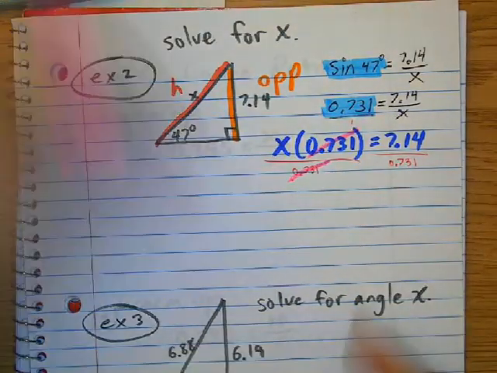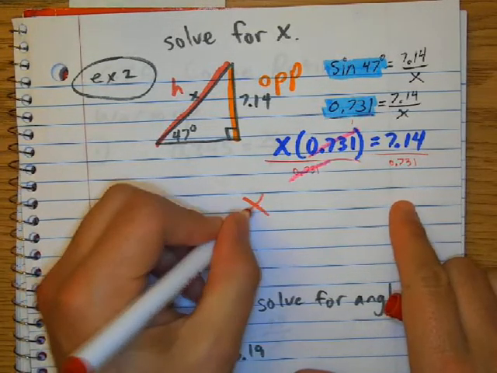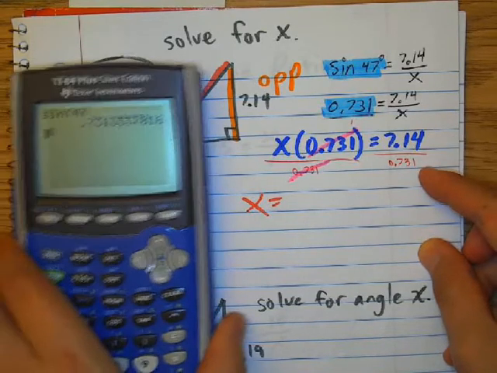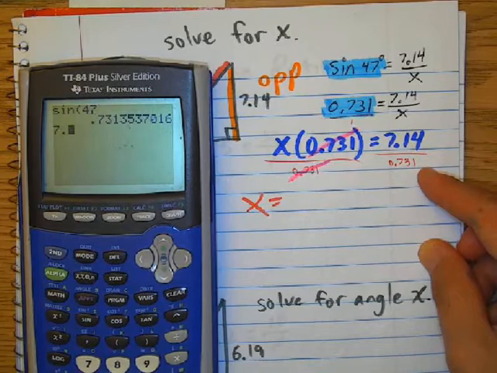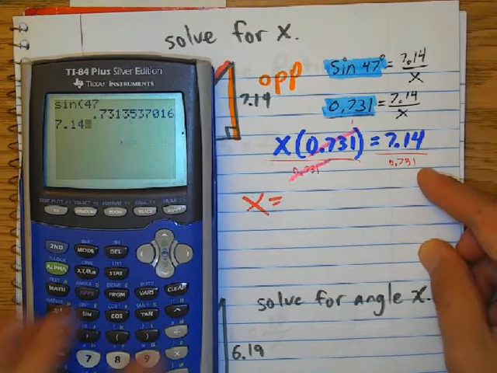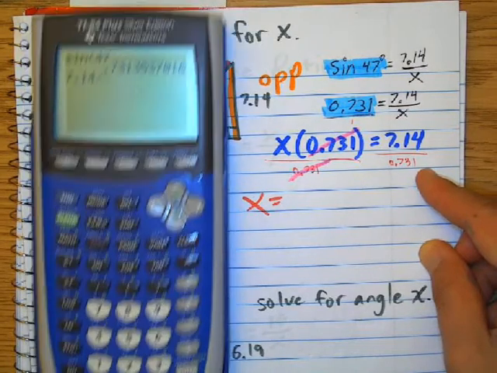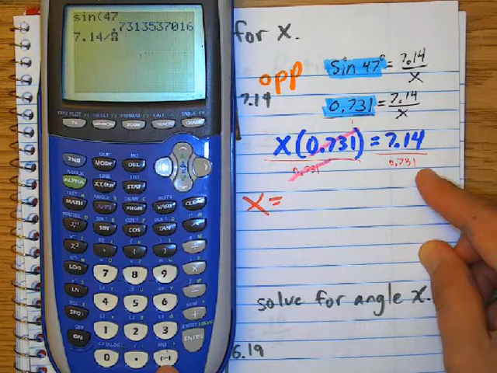And then I end up with x equals 7.14 divided by 0.731. So 7.14 divided by, now I'm going to use that same number so I can hit the answer button. The answer button's down here. If I hit second and this negative in the parentheses, I can get answer.